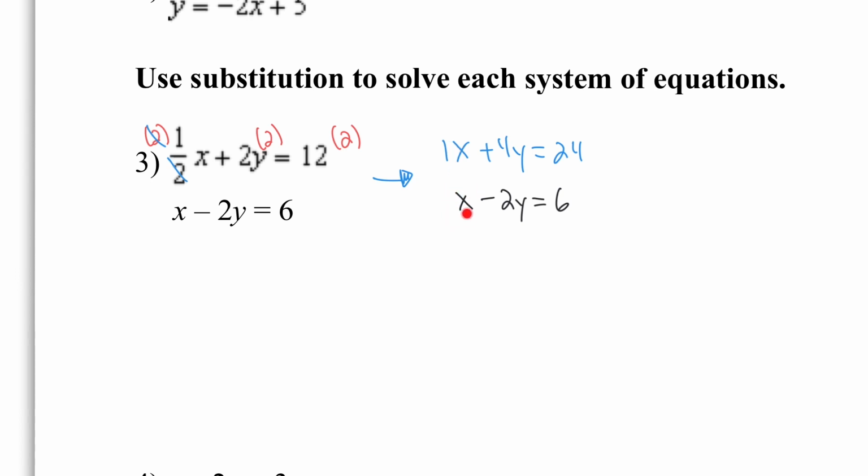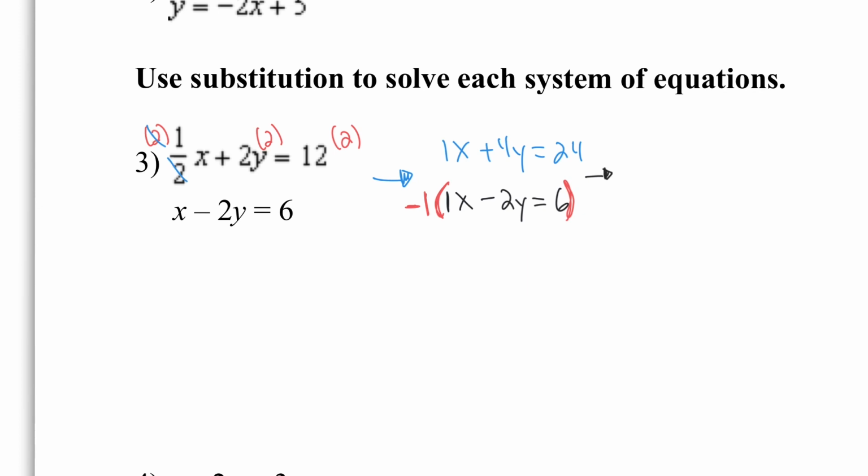Remember that this x on the bottom, it has an invisible 1, right? So the only thing that we need is for the x's to have the opposite signs. So I'm going to multiply the bottom by a negative, so I can make this x into a negative. So let me just put a big parenthesis right here, and there's a negative 1, so I can have different signs. The top will stay the same, so I'm going to have a 1x.